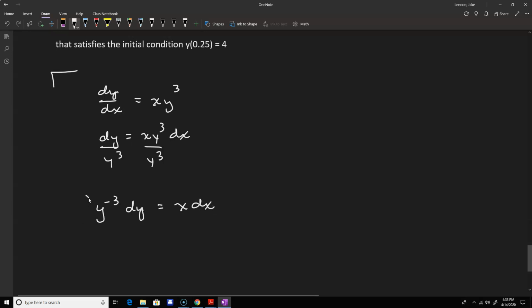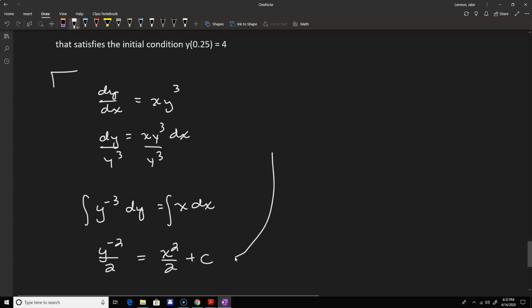So we've separated the variables so we can integrate. Rather than writing 1 over y cubed, I've written it as y to the negative 3 because it's easier to apply the power rule. So basically we have y to the negative 2 divided by 2, and that equals x squared over 2 plus a constant.